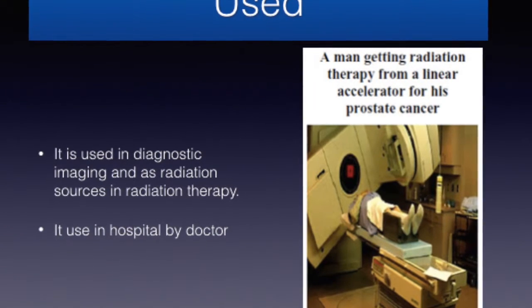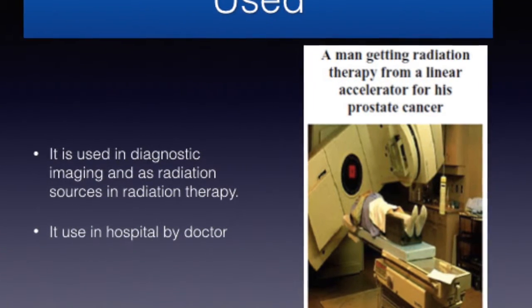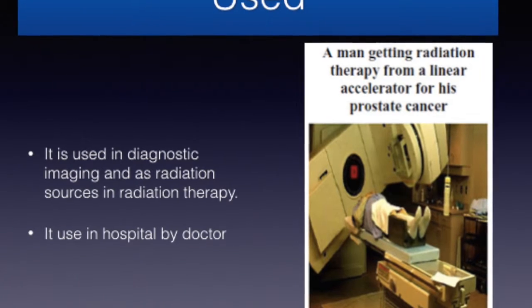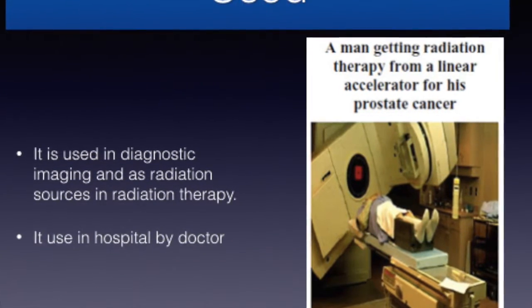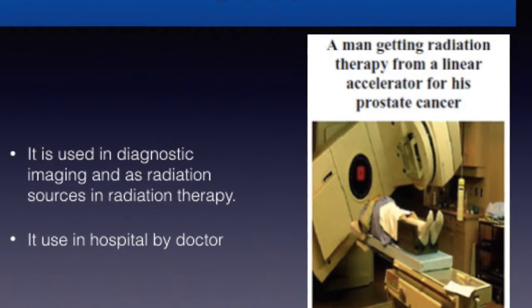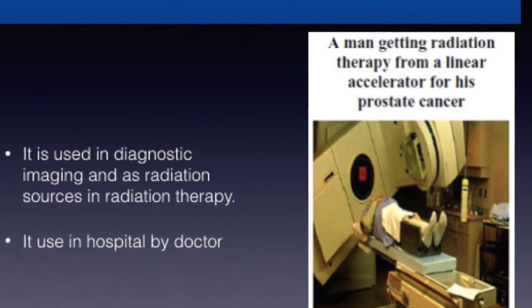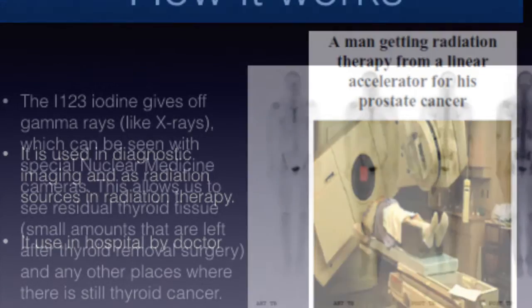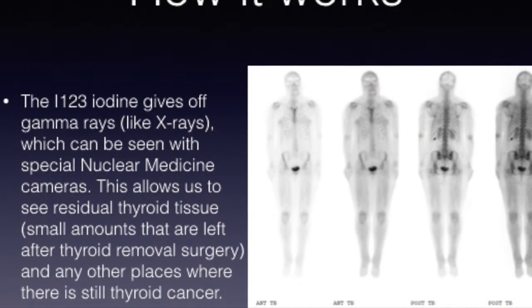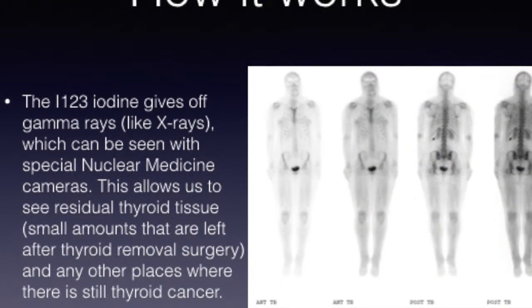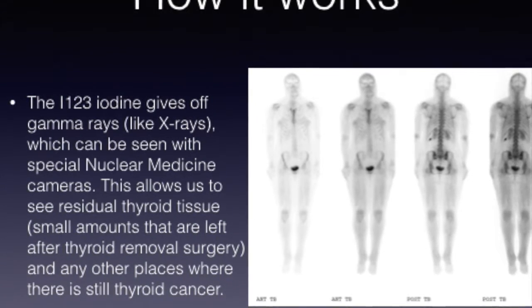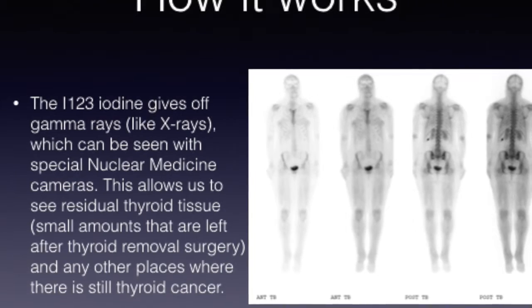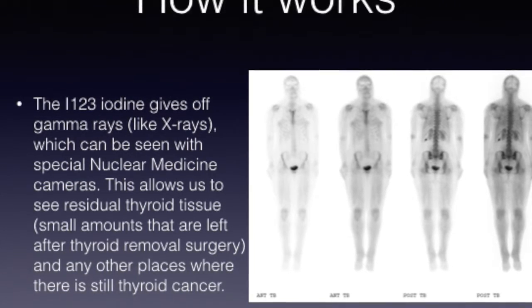Iodine-123 is used in diagnostic imaging and as a radiation source in radiation therapy. It is used in hospitals by doctors. The iodine-123 gives off gamma rays, which can be seen with special nuclear medicine cameras.